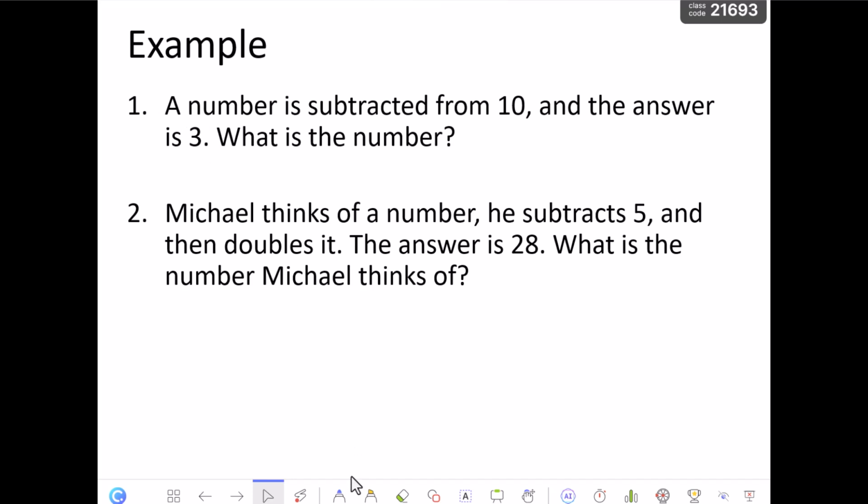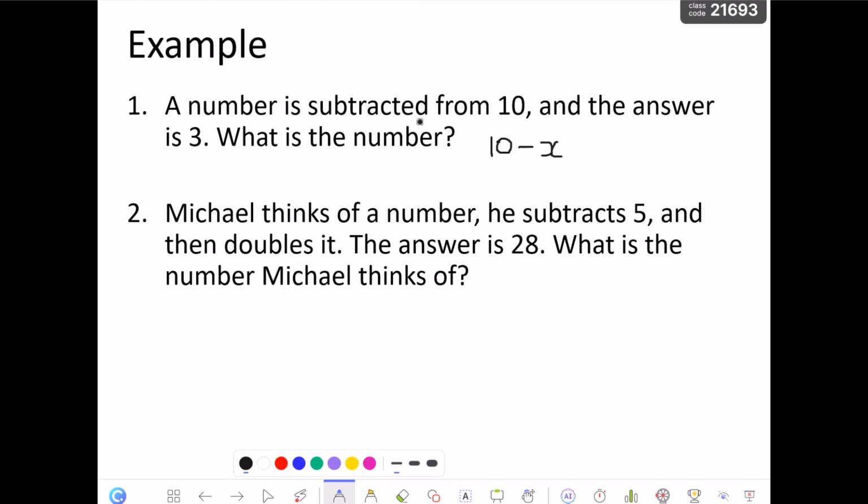For example, let me get my pencil here. So for example, this is a number is subtracted from 10. That means there's a number 10 already present. So this is 10. So a number is subtracted from 10. So if the number is x, I will say 10 minus x. So that is the first part of this question.